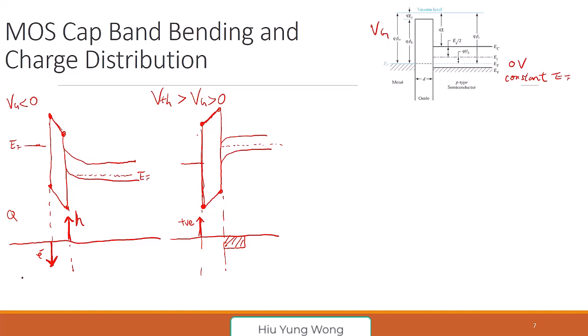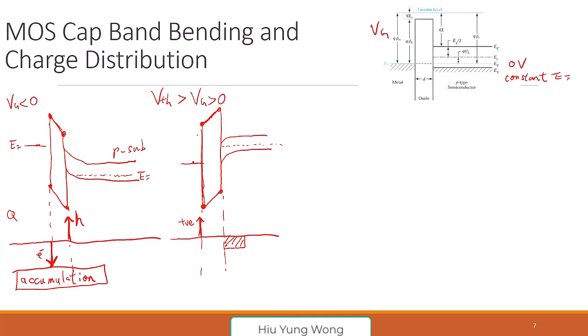We say the holes accumulate at the surface, right? Because the holes are all attracted to the top due to negative bias, and we have a lot of holes because this is P substrate. So they accumulate here.